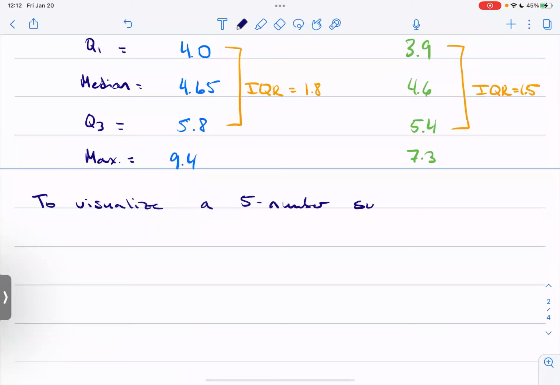A 5-number summary, we use a box plot. So it's another way that we can visualize the distribution of numerical data. Now, I find that probably the easiest way to talk about a box plot is just to show you a box plot, and then I'll tell you the anatomy of it.